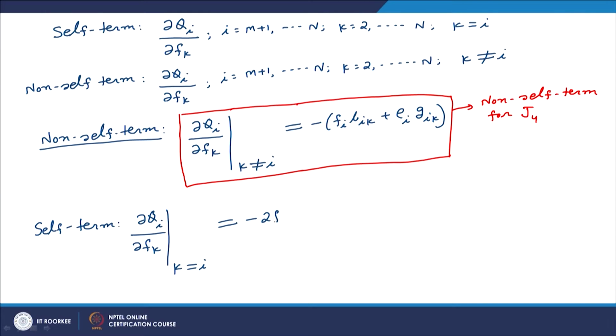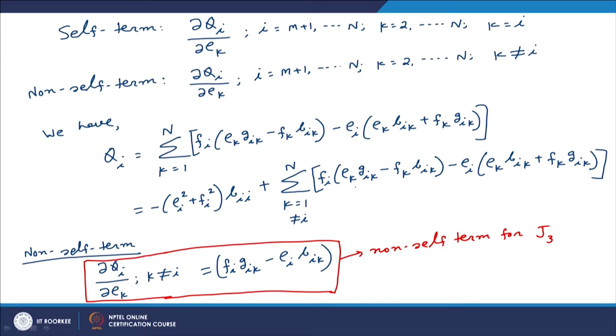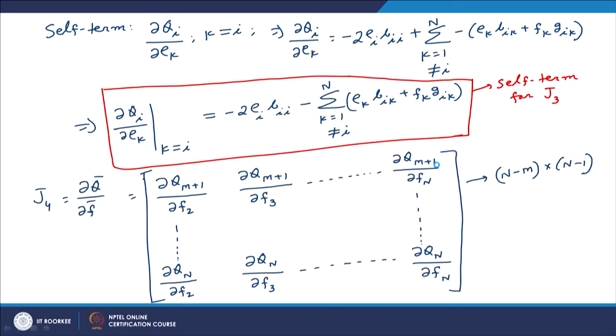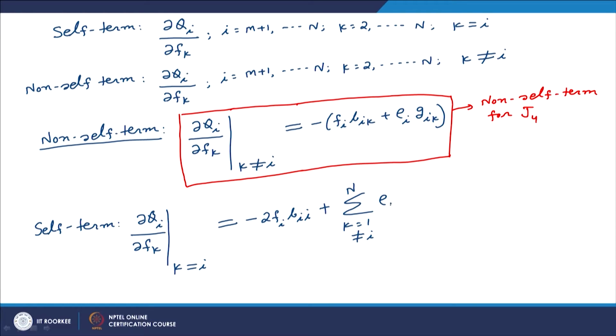So, from here I will get minus 2 F i B i i, plus the sum over k equal to 1 to n, k not equal to i, of E k G i k minus F k B i k. So, that would be the self term.